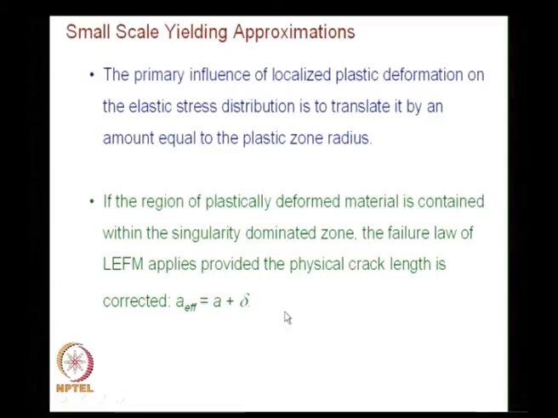In fact, while discussing surface cracks, Irwin modified the length of the crack by a small increment, and I pointed out that the increment I had shown in that class was reported by Irwin in 1960.